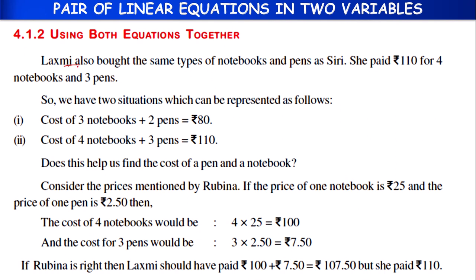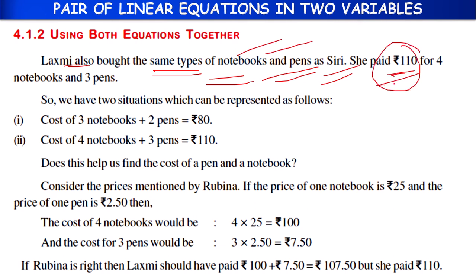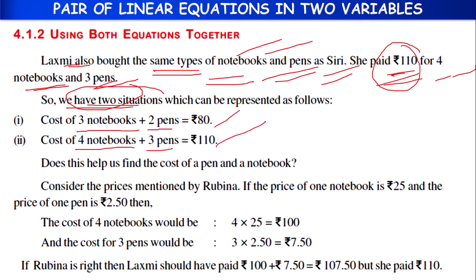Lakshmi also brought the same types of notebooks and pens as Siri, so the cost will be the same. She paid rupees 110 for 4 notebooks and 3 pens. So if we combine the two situations: 3 notebooks plus 2 pens, 80 rupees; 4 notebooks, 3 pens, 110 rupees.